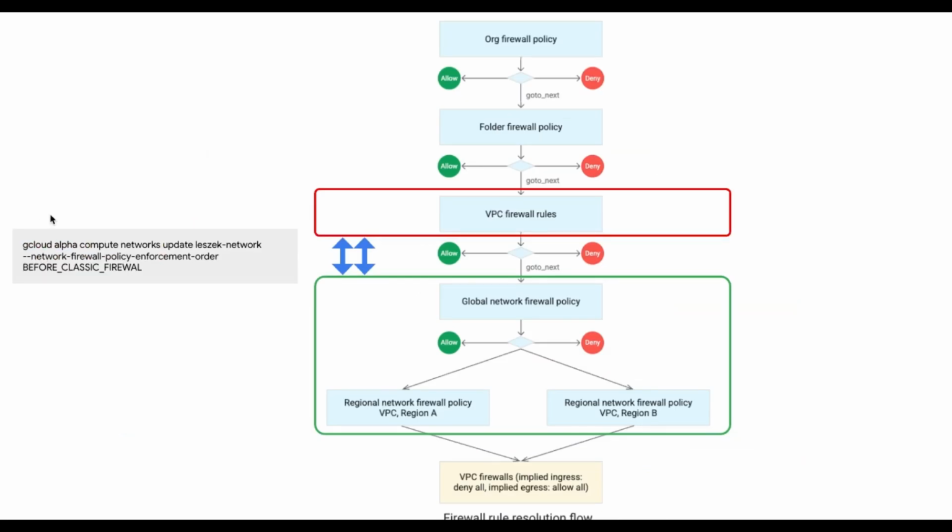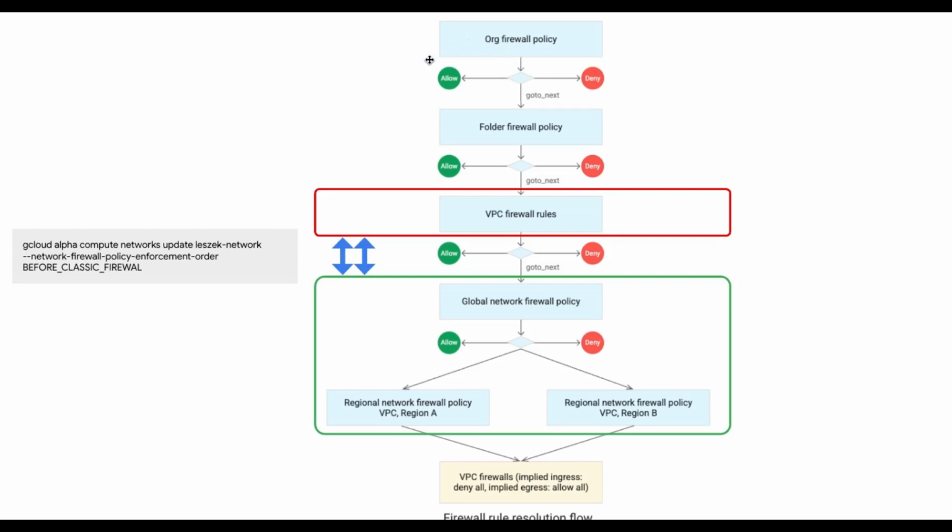On Google Cloud, firewalls are processed from top to bottom. So any traffic that enters the firewall is treated from top to down, starting from org firewall policies, then folder firewall policies, then VPC firewall rules, and on each level the decision is made. Only if the decision is not made on the level, then the traffic is processed to the next level.